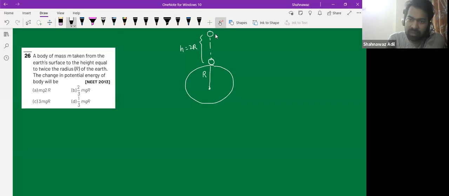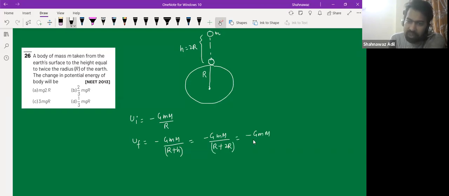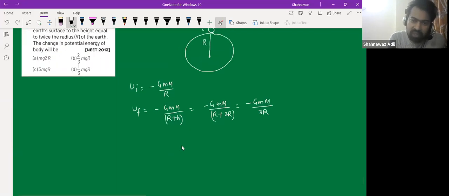So this is given. The initial potential energy is minus GMm by R. And the final potential energy is minus GMm by R plus h. The h value is given, so this is GMm by R plus R. So this is minus GMm by 3R. So these are the initial and final potential energy.